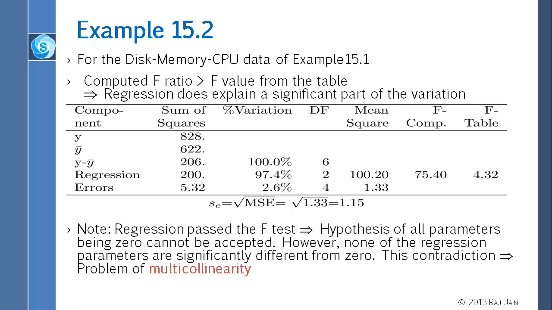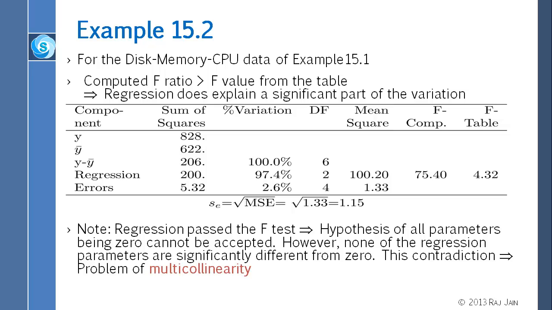So when we go to the F table, table A.6, 90 percentile, we look at the numerator 2, the second column, and the fourth row is 4.32. That is the theoretical value, and ours is better. By the way, we can also take the square root of this MSE and get the standard deviation of error right there.